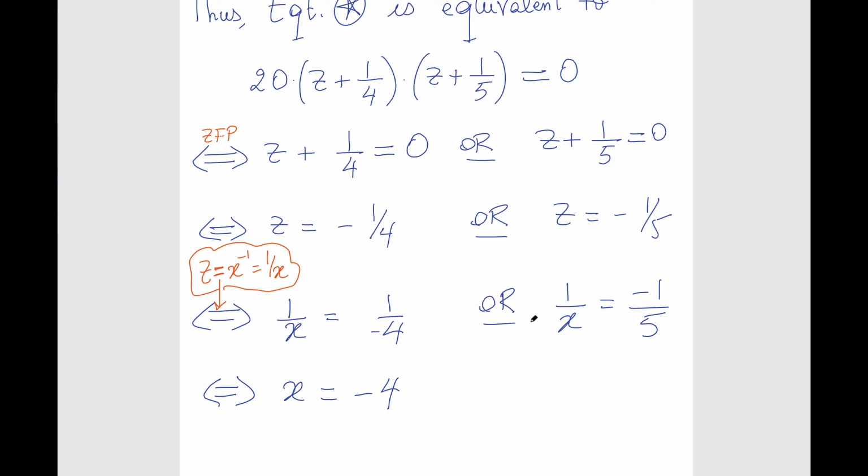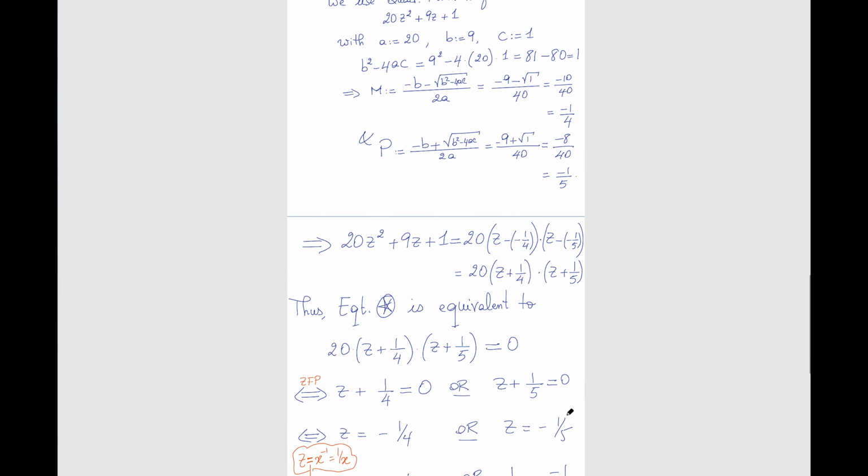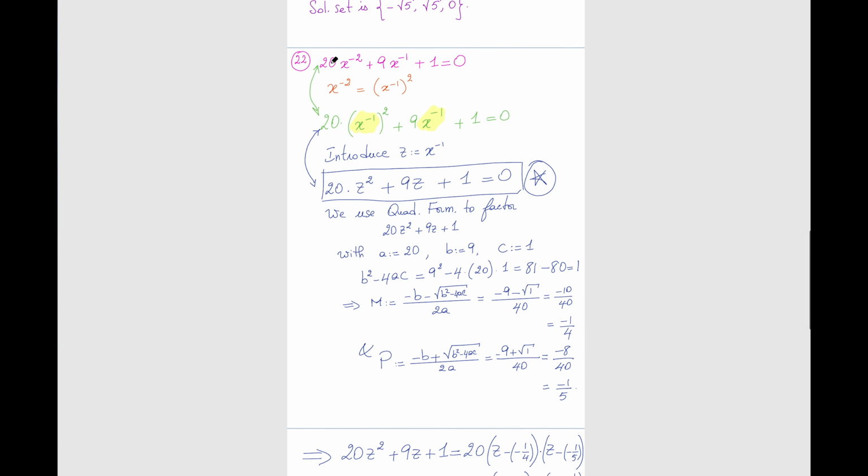And similarly here, same story. x is going to be negative 5, right? So these are the two solutions for the pink equation that we had on the previous page. Okay, so you see how we turn this problem, which looks like uncharted territory, into something familiar.